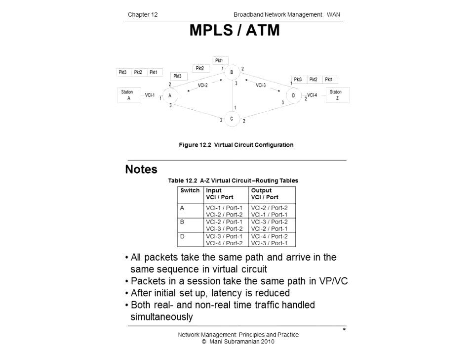Now packets in a session take the same path. This is VPVC, that is virtual path virtual circuit, and after initial setup the latency is reduced, and both real and non-real time traffic are handled simultaneously.